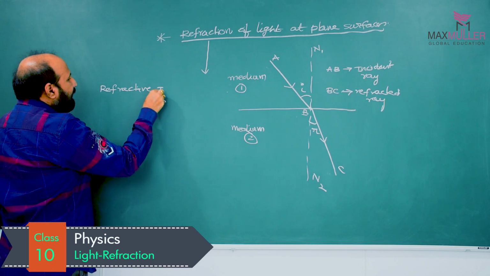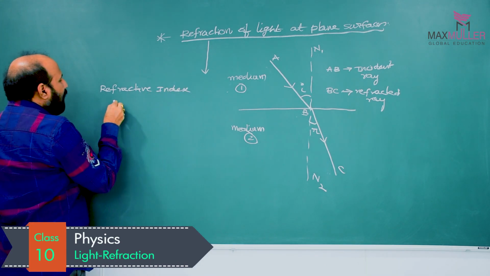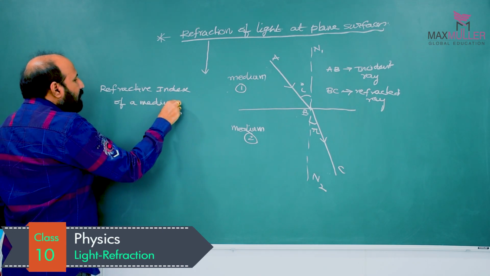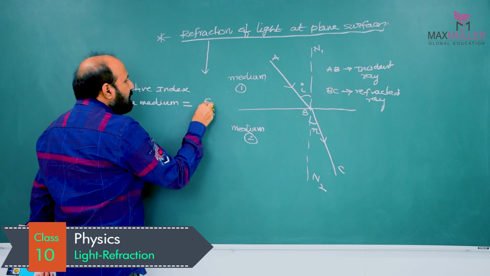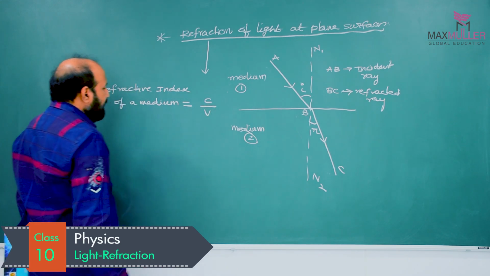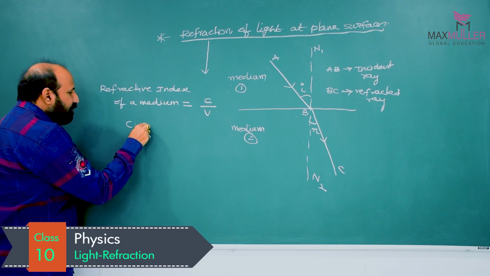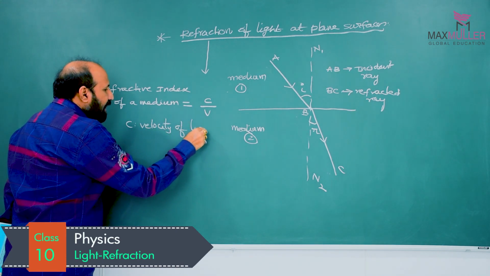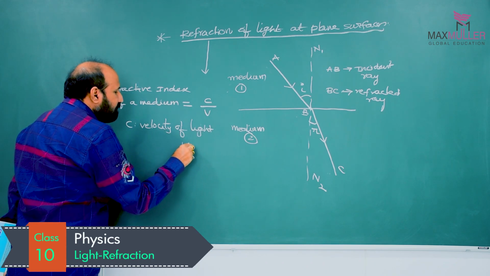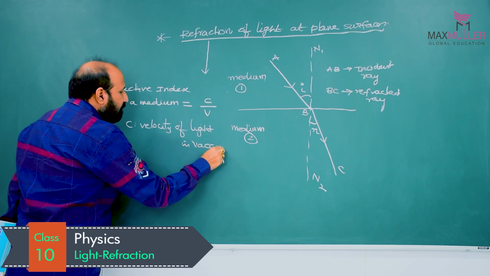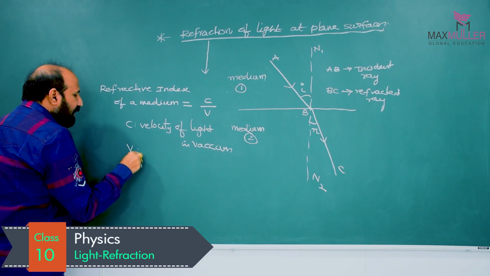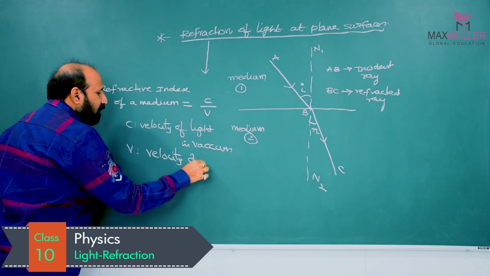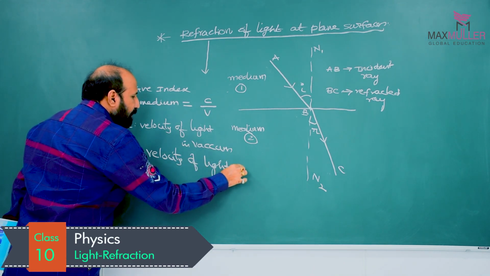Refractive index of a medium is the ratio of C by V. That is, C denotes velocity of light in vacuum, and V denotes velocity of light in medium.